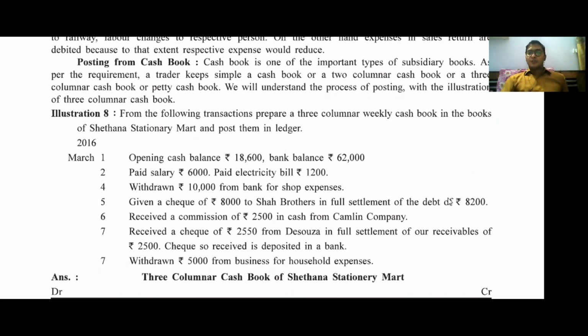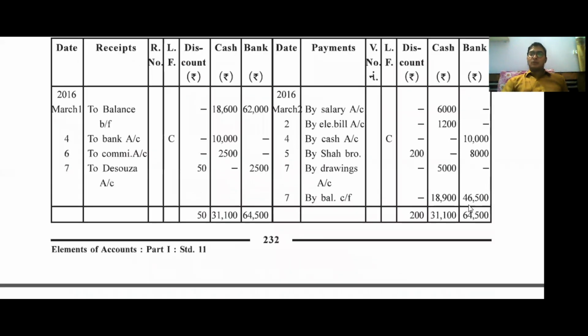But the due of Shah Brothers is 8,200 and we paid the check for 8,000. So here we can say that we have paid 200 rupees less, and whatever the difference, that is called discount. Here we paid a lesser amount, so it is our gain, and so it is recorded on the credit side as a discount column for 200 and 8,000 in the bank column.